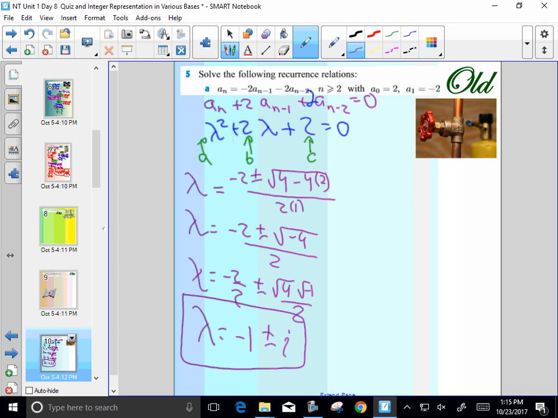Those are your two lambdas, so I'm going to write those up here. Lambda 1 is negative 1 plus i. Lambda 2 is negative 1 minus i.